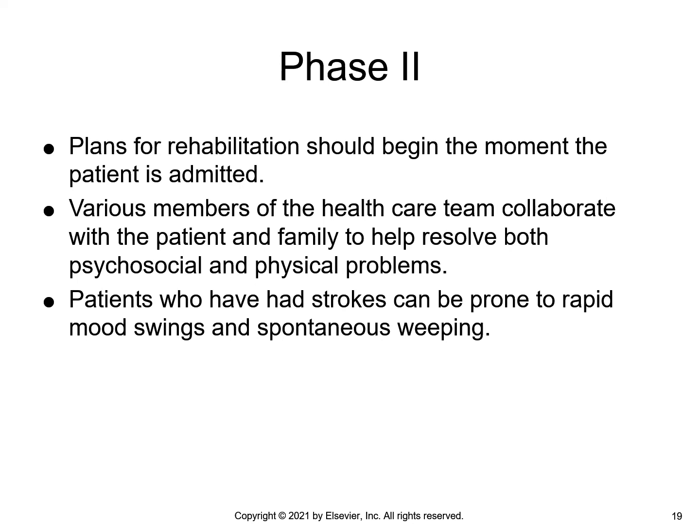This means the proper positioning, range of motion exercises for any affected limbs, adequate nutrition and fluid intake as well as output, prevention of pressure ulcers, use of devices to keep extremities in anatomic position, and all nursing measures are directed toward maintaining normal body functions until the patient is able to maintain them on their own.